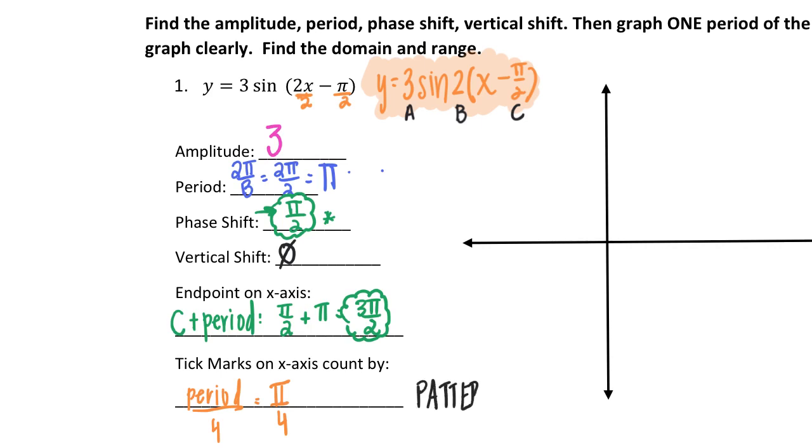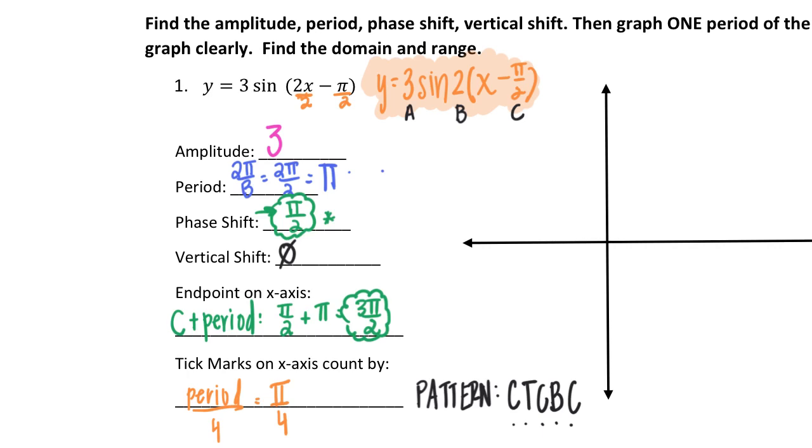The pattern of the sine curve, remember, starts at the center, goes to the top, back to the center, down to the bottom, and back to the center. This pattern helps remind you of your shape, but it also reminds you that you need 5 different tick marks along the x-axis.